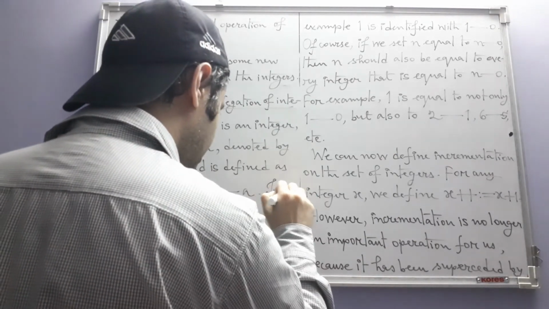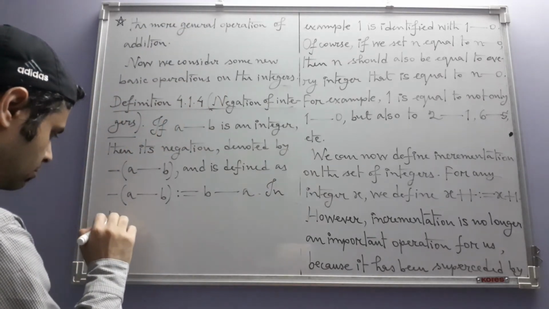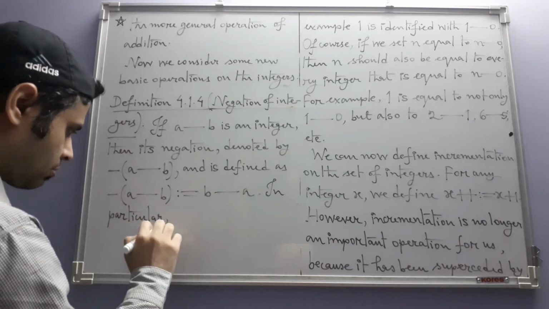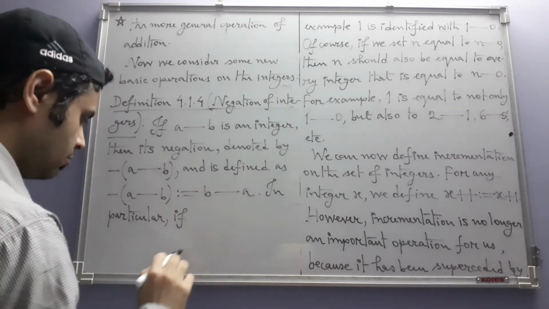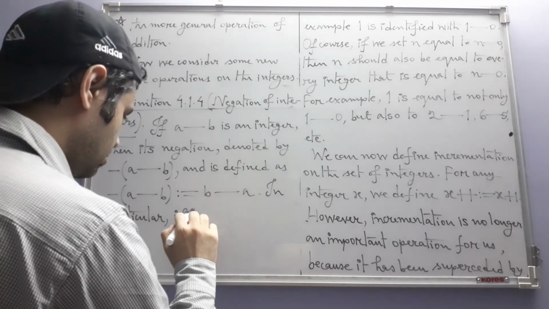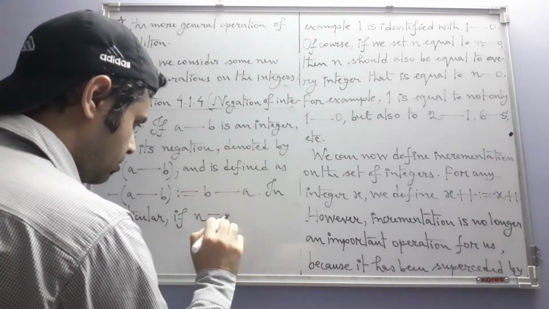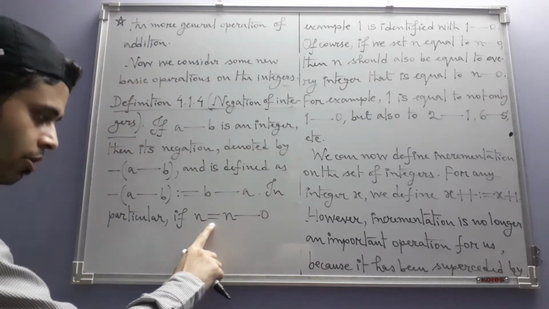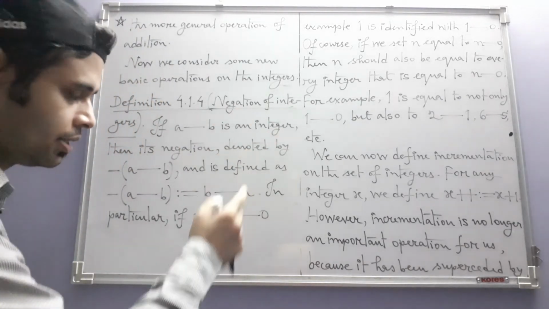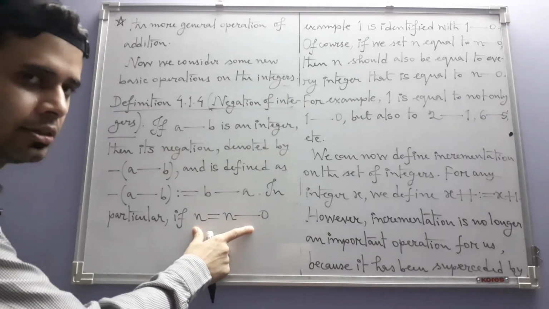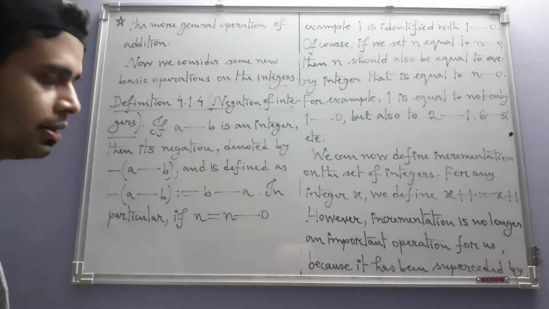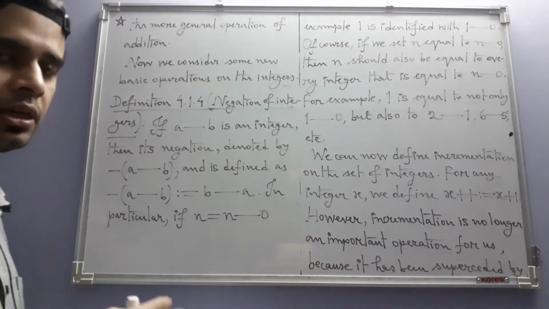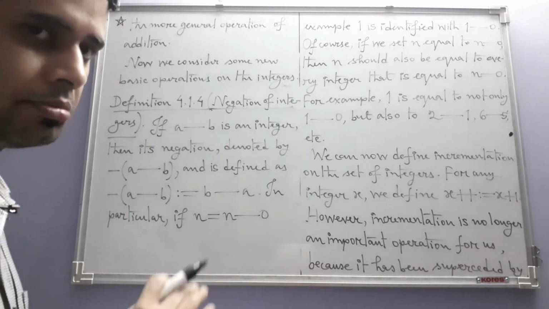In particular, if n equal to n—0, keep in mind this is not actual equality but that identification, but we will treat this as equality because it is justified. This type of identification you will come across more and more in mathematics as you go deeper and deeper.